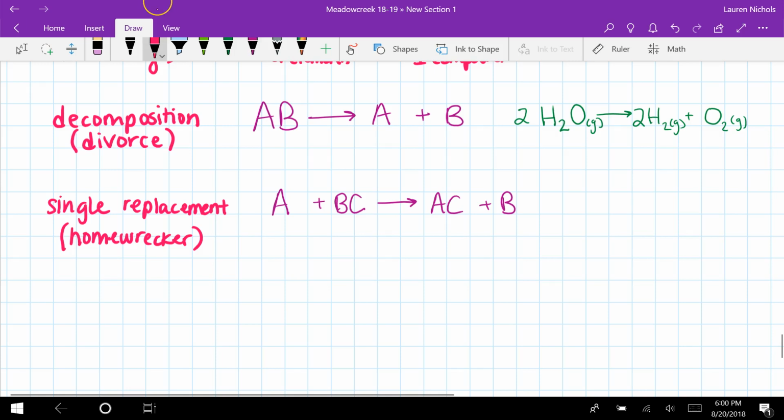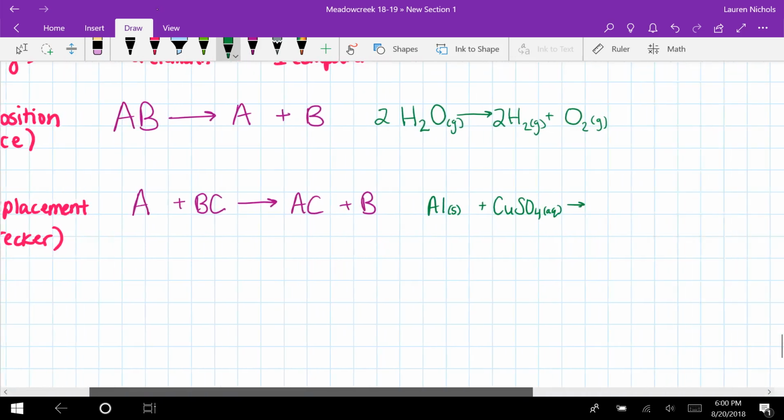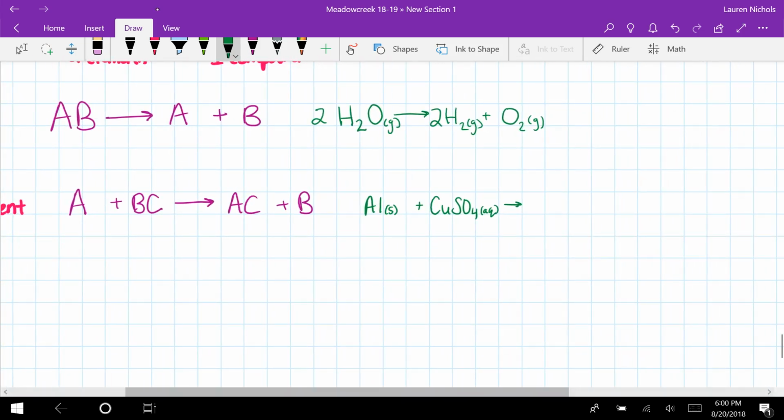So an example of this is when aluminum as a solid is mixed with copper sulfate. So when copper sulfate, which is an aqueous solution, is mixed with aluminum, what you will find is that the aluminum and the copper swap places. So now we have a copper solid plus aluminum sulfate.